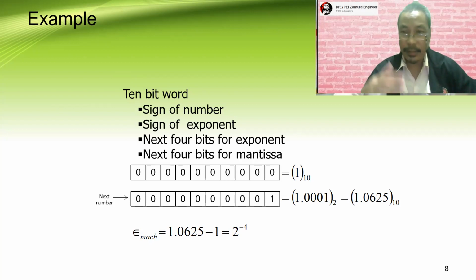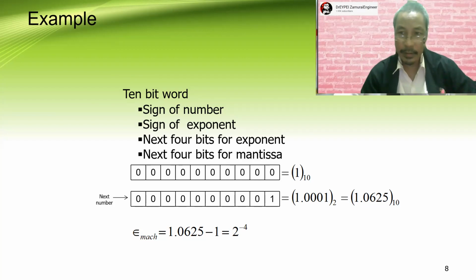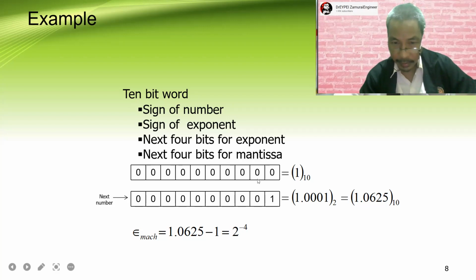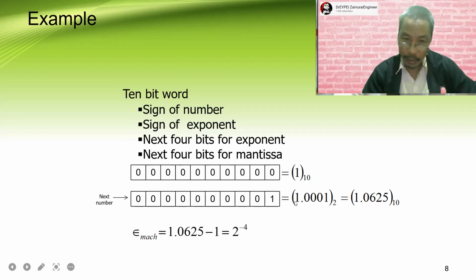You have to count from 0 to 9. So you will start with 0. The next number is 1. So if that is the case, the epsilon or machine epsilon will look like this.